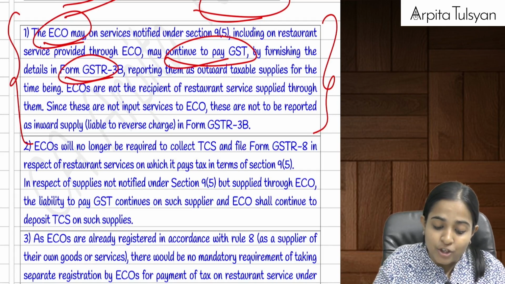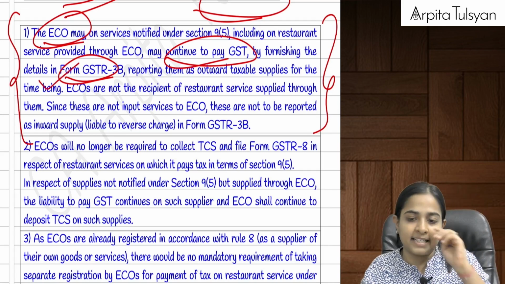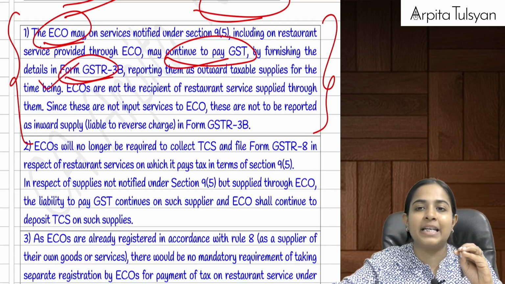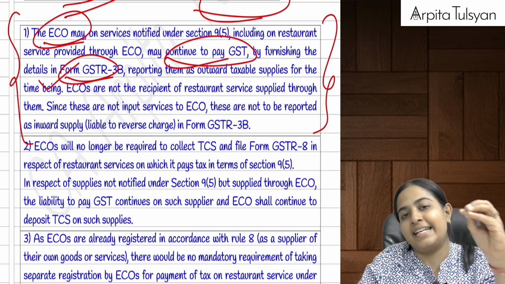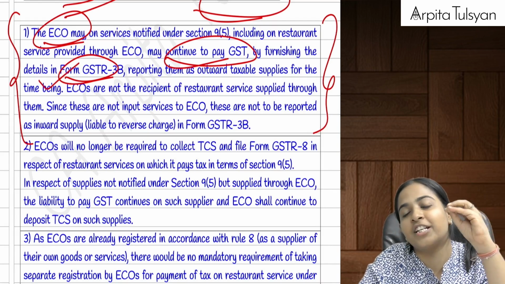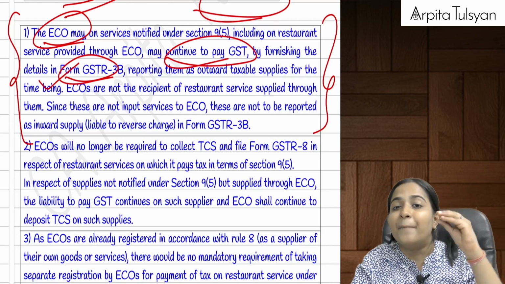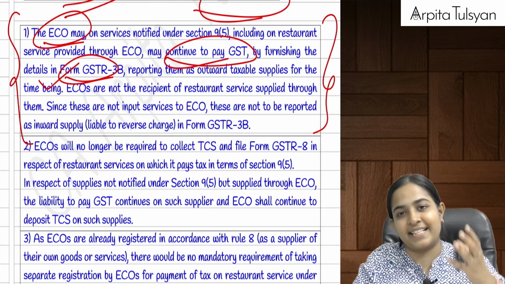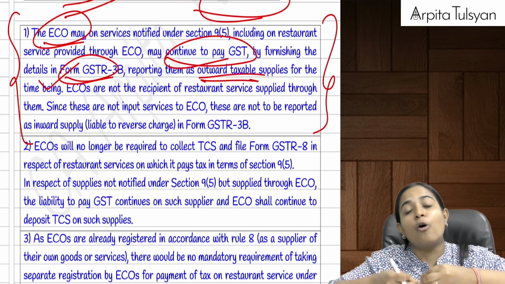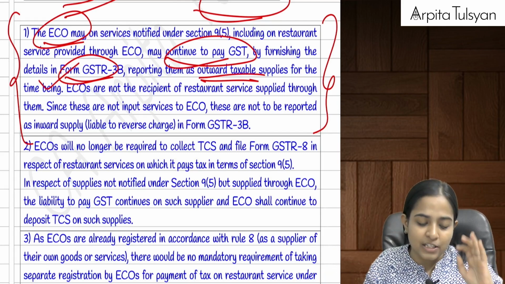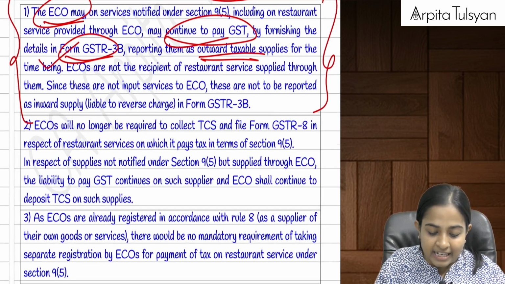So that will be shown in its return called GSTR 3B. Actually it is not the ECO's sale. Please try to understand that ECO is acting as an intermediary for which it is going to get a commission. But only for the purpose of payment of taxes, it will show it as outward taxable supplies in its return, that is GSTR 3B.